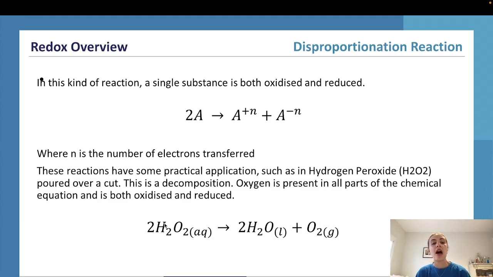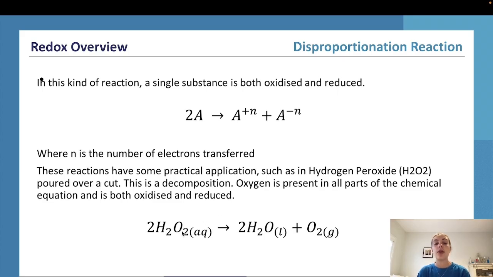So we can see that the hydrogen's not changing. The hydrogen is purely just acting as a spectator ion, but the oxygen is going in 2 different ways and is being both oxidized and reduced.